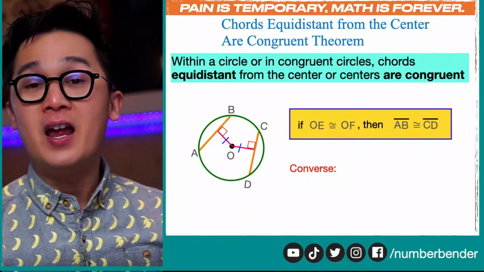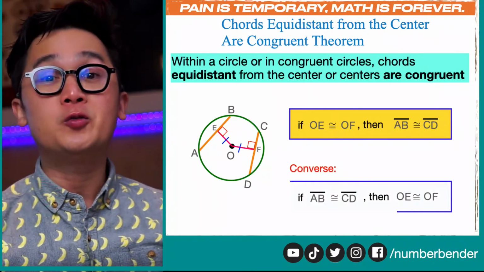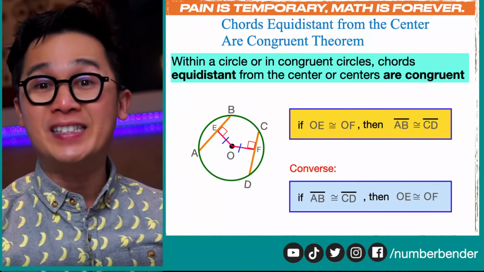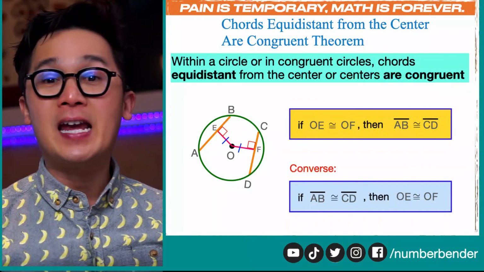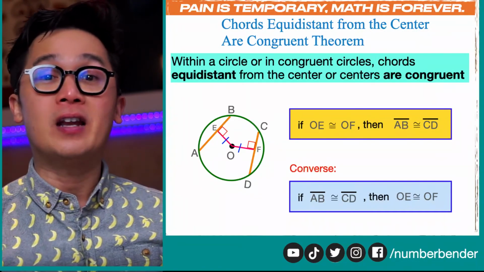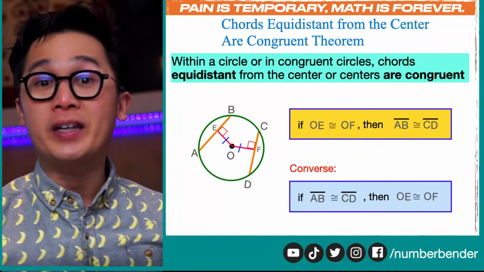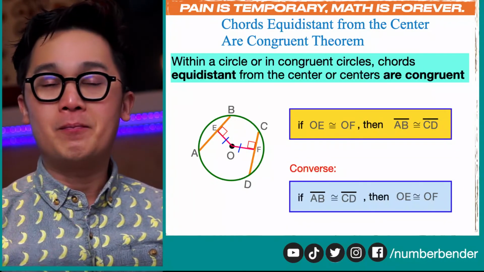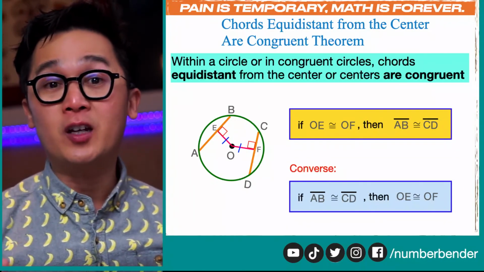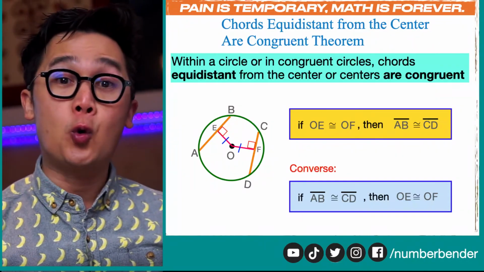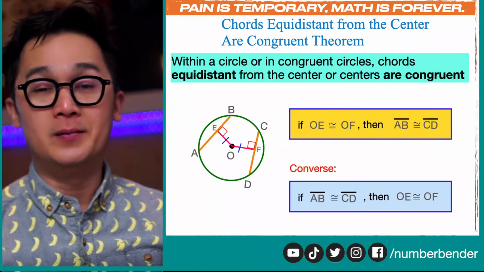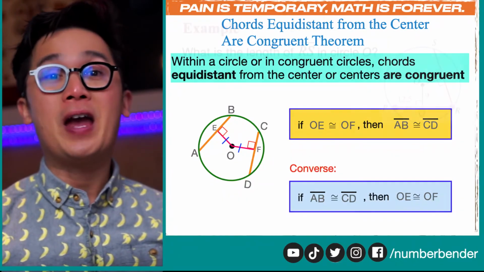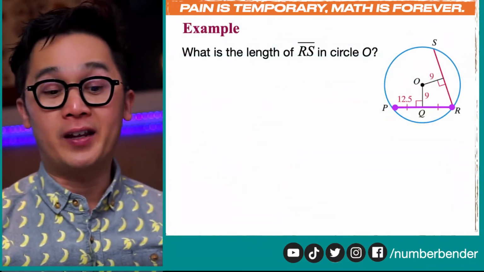And its converse is also true. That is, if chord AB is congruent to chord CD, then line segment OE is congruent to line segment OF. And OE and OF are the two lines that measure the equal distances from those two chords in our circle.